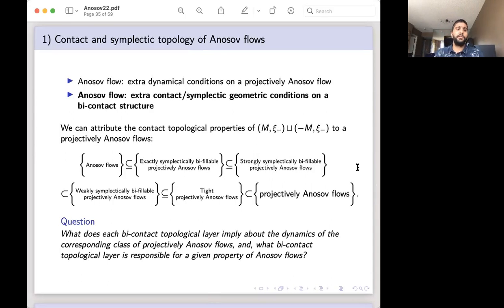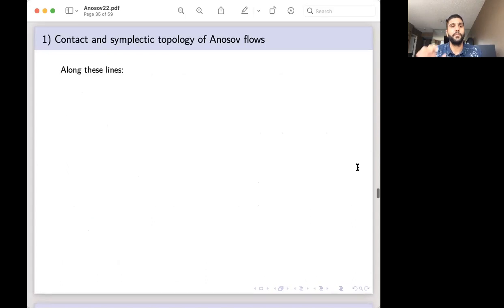And it's a natural line of questioning to ask what each bicontact topological layer implies about the dynamics of that class of projectively Anosov flows. In other words, take your favorite property of Anosov flows and try to understand which contact topological layer is responsible for that property.